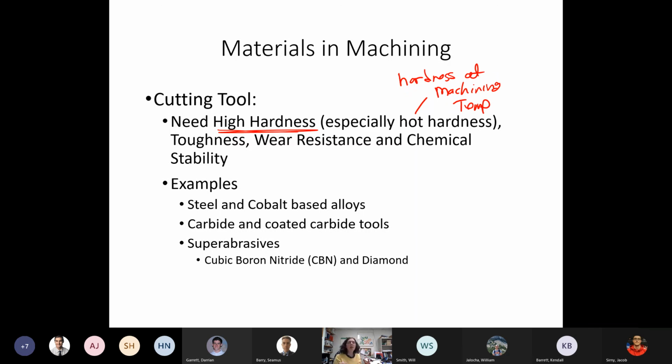We do see that some materials have a high hardness at room temperature, but at a higher temperature their hardness goes down. So hot hardness is a specific property that looks at what the hardness is at a high temperature. We also need toughness.